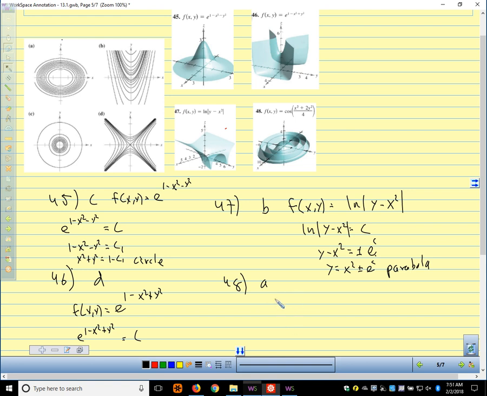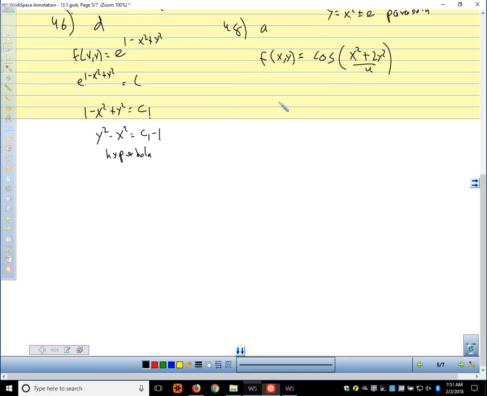And finally for a, 48, f of xy equals cosine of x squared plus 2y squared over 4. So we set that equal to a constant.